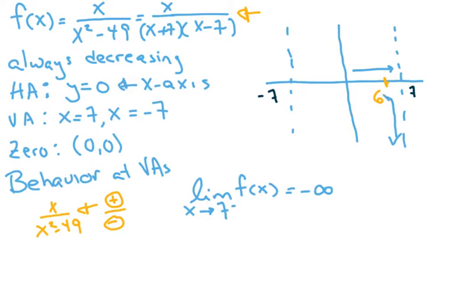Now I already know that this also comes up and has a 0 at 0. And because it has origin symmetry, odd, we're going to do the opposite thing on the other side. So I don't have to test going towards -7.